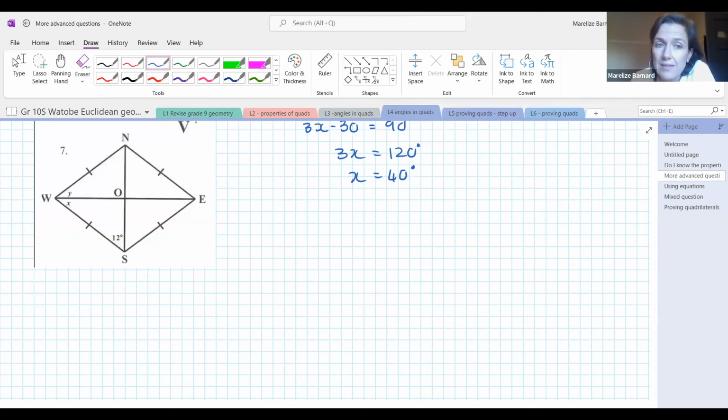It doesn't indicate that the corner angles are 90 degrees, so we cannot say that it's a square. What have we got to work with? We've got the sides that are equal. Highlight that for yourself. That's all we've got.